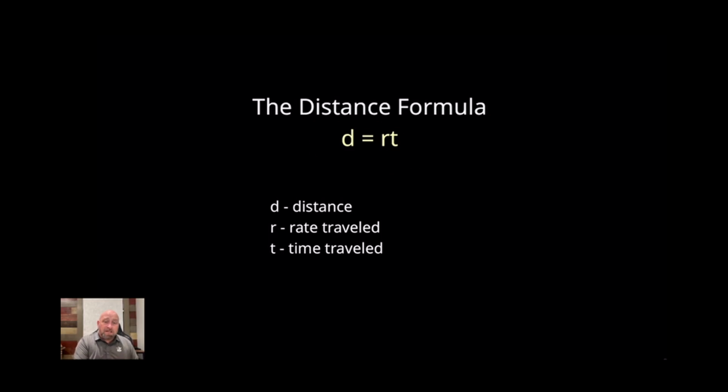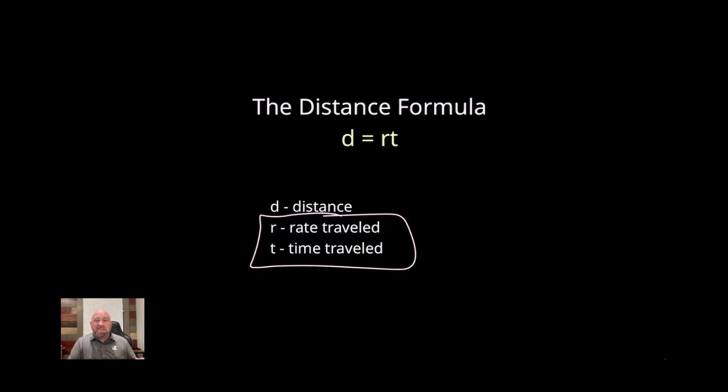So distance is a literal equation and it's d equals rt. All right, D stands for distance. R stands for rate traveled, like how many miles per hour. I was going 50 miles per hour. That would be your rate. And then T is how long were you traveling? I traveled for 4 hours. Same thing here with rate traveled and time traveled.